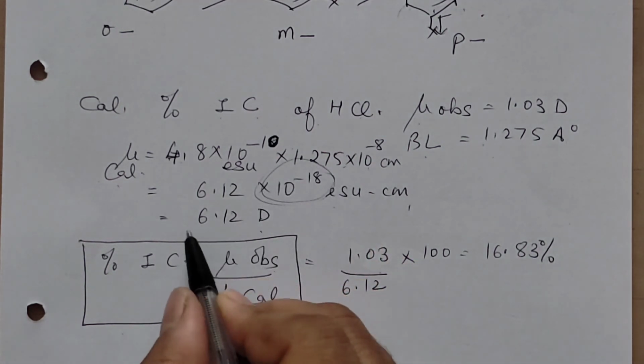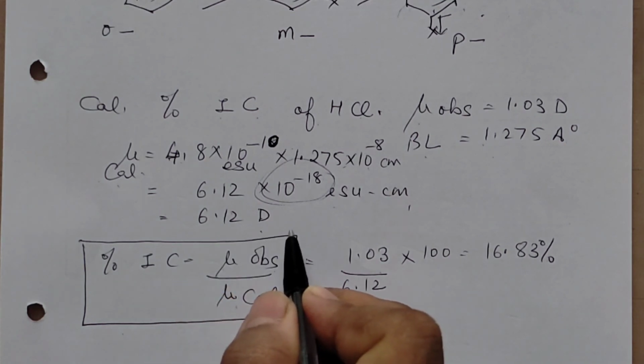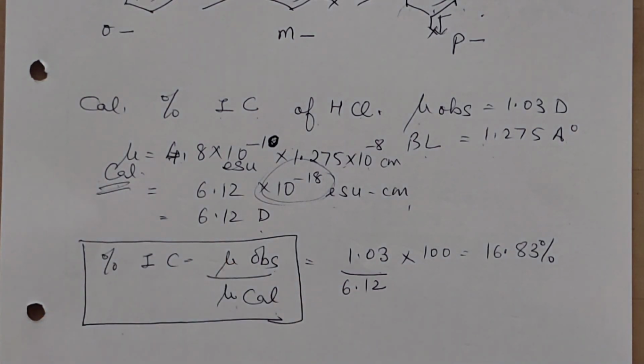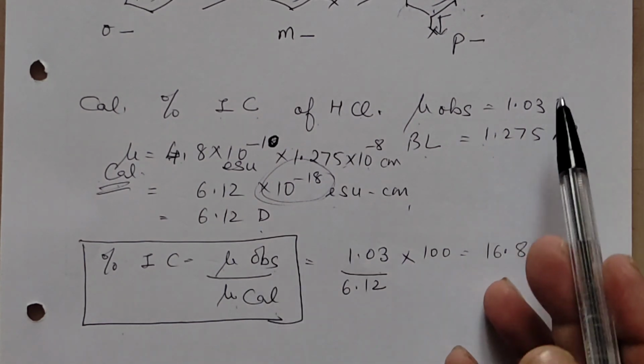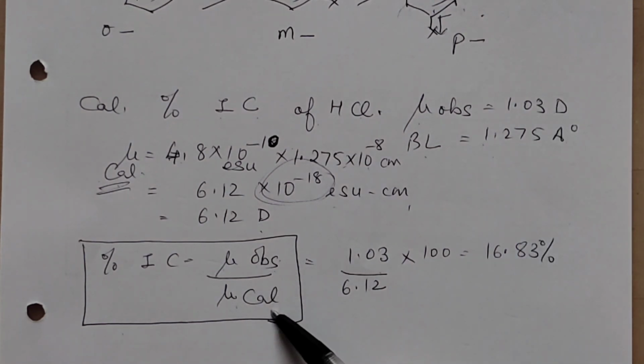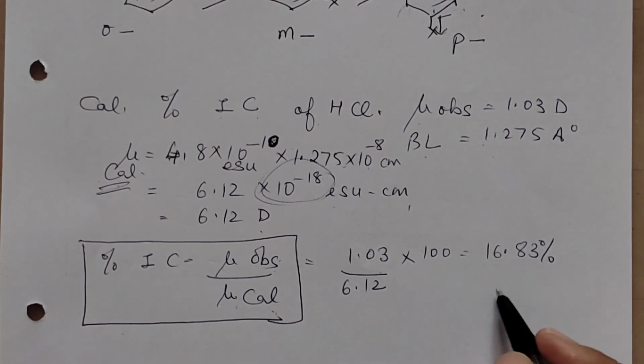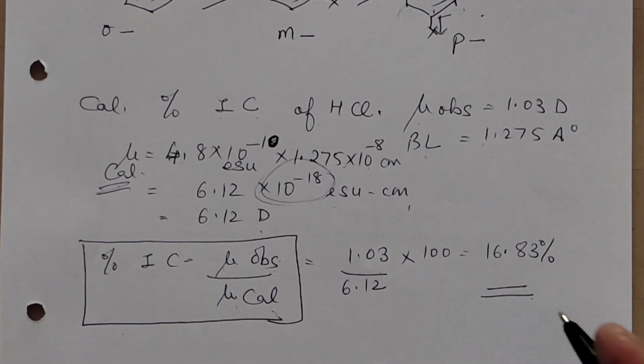So we write it as 6.12 Debye. This is mu calculated. Now percentage ionic character is equal to mu observed divided by mu calculated, into 100. When you solve, you will get the answer as 16.83%. So sometimes numericals can also be asked based on the dipole moment.